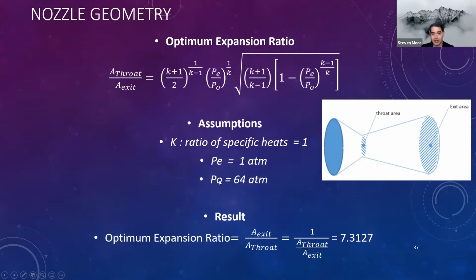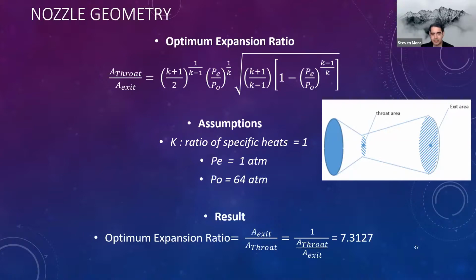And the pressure on the inside, PO, would be 64 atmospheres. This is an estimation of what we believe, before I had the data run by the solid fuel team, so I estimated 64 atmospheres. The result of this equation gave us an optimum expansion ratio of about 7.3.